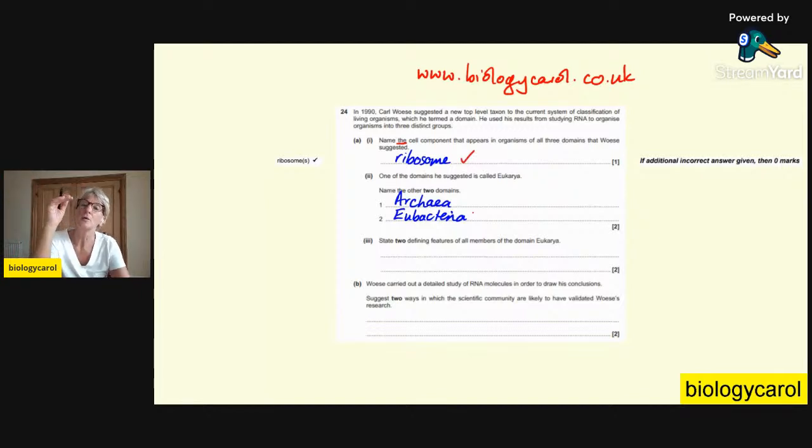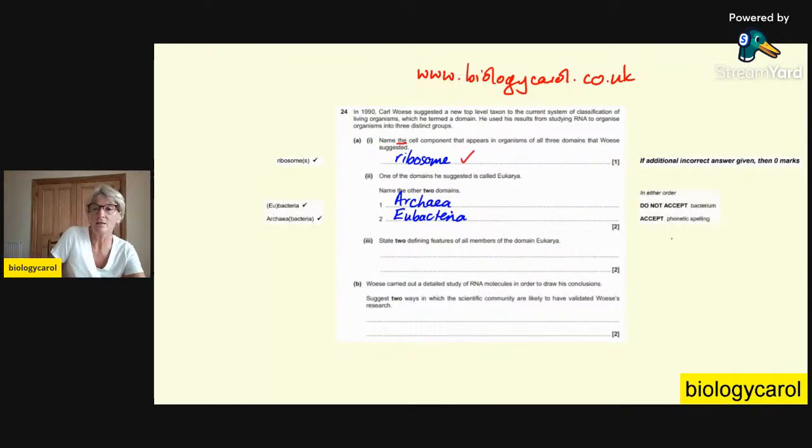Archaea are also bacteria, but they're actually more closely related to eukaryotic cells. Blimey. So here are the answers. Notice you couldn't have just written bacterium, because that's just talking about one individual cell. We're talking about the domains, we're not talking about cell types.